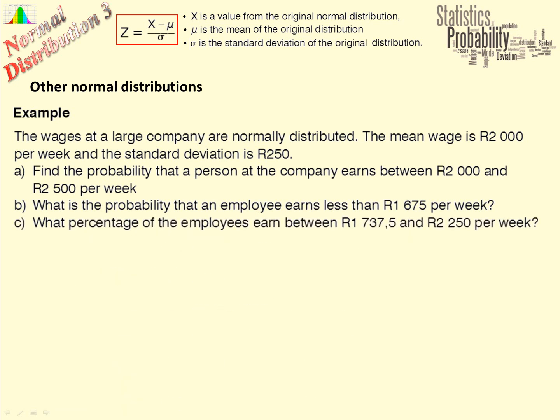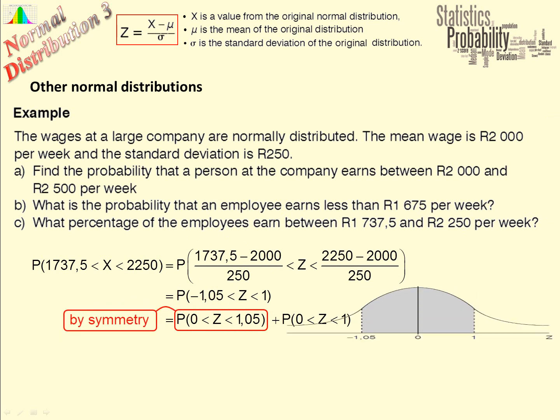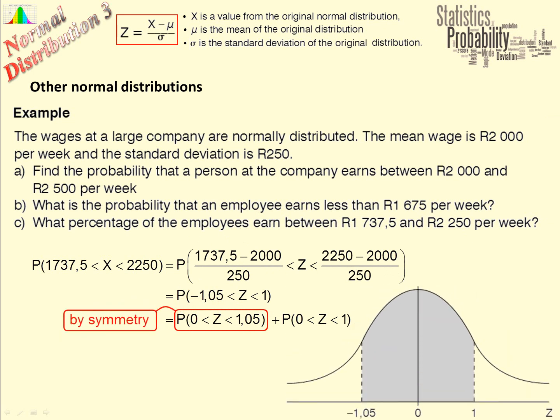What percentage of employees earn between 1,737.50 and 2,250? First thing we do is we convert that to Z scores. So from there to there, by symmetry, we can take this here.